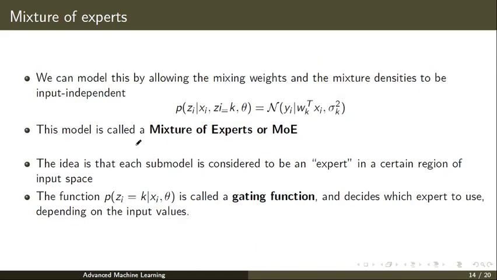A model of that type we call a mixture of experts. The idea is that each submodel is considered to be an expert in a certain region, and by applying a gating function on the input value, it will decide which expert is going to perform better.